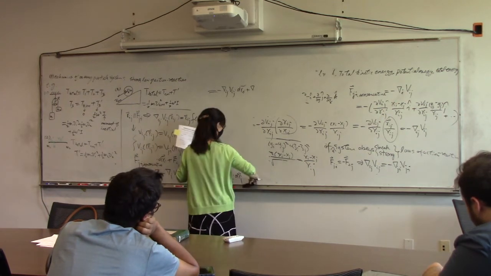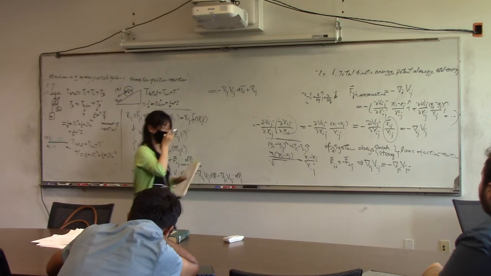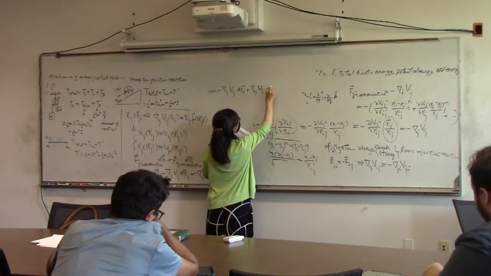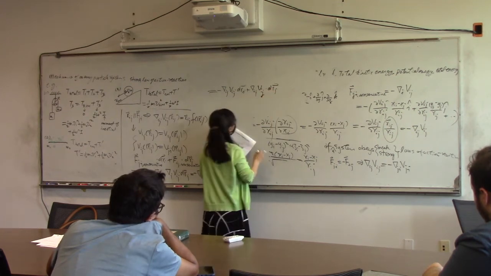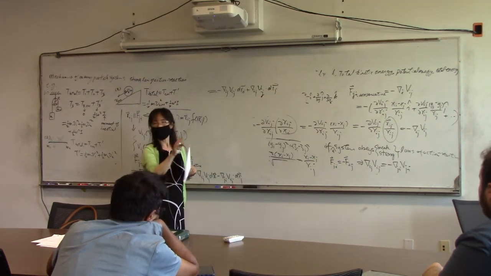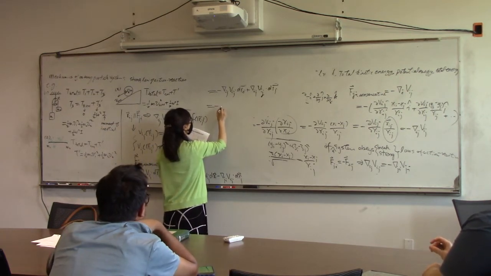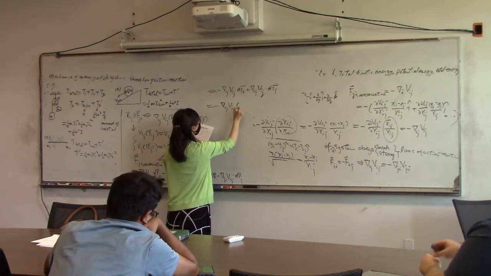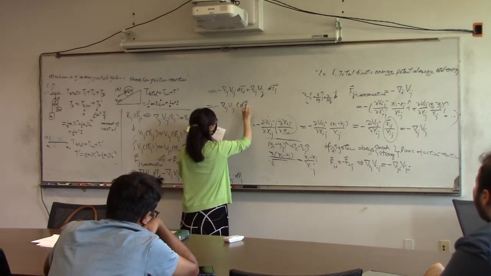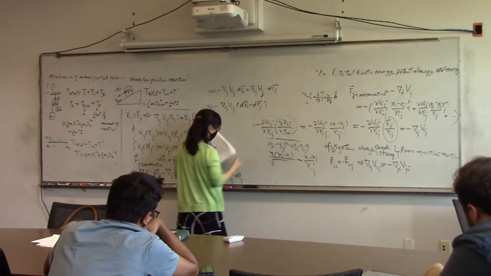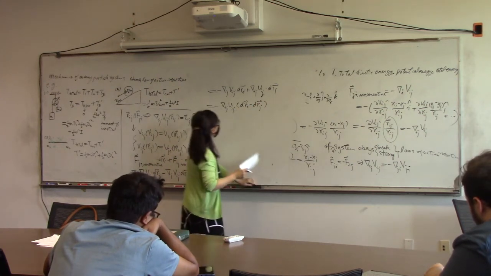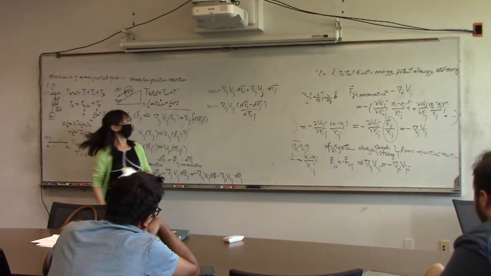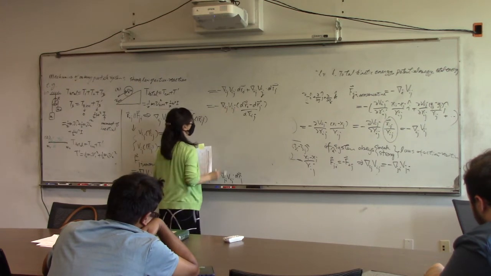Then the index is the same, so I change this to the right side: Vij dot drj. Since these are the same, I take the negative gradient i of Vij outside. The inside is dri minus drj. This one is drj, right? Now this is the inner product.